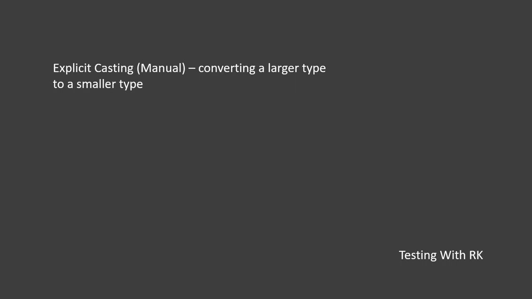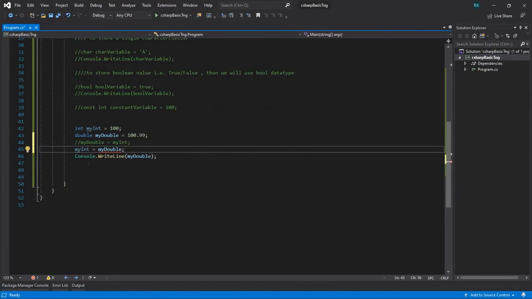For example, on your screen you see the value 101.98, but you are only interested in the whole 101. What you can do is convert it into an integer. You can explicitly do the casting and take the whole number out of it. Basically that's when you want to convert a double or float into any of these variables. Let's see through the example.